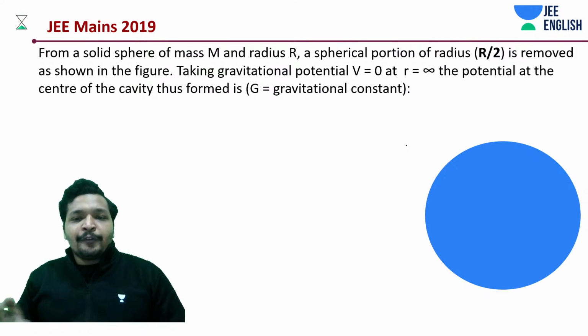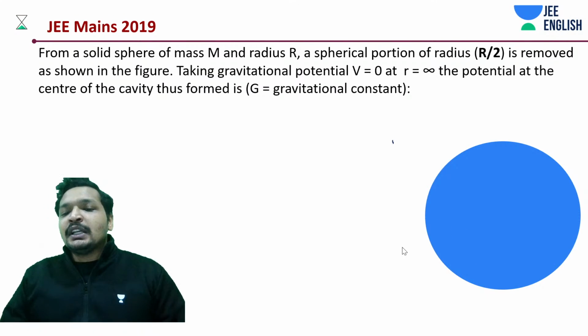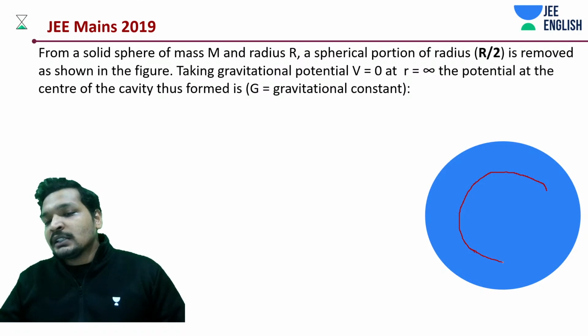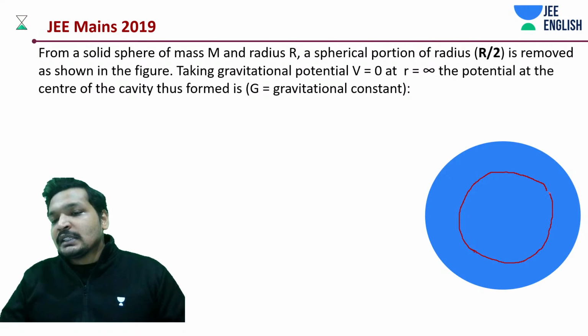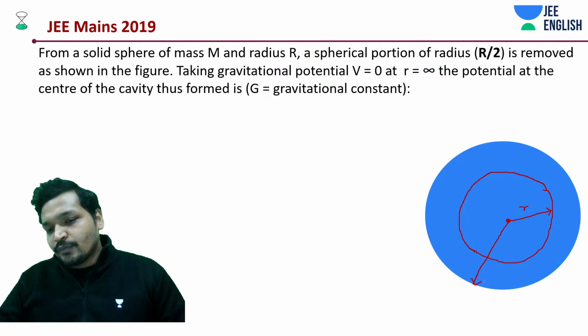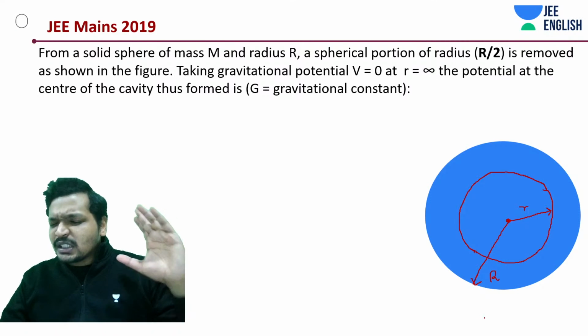I'll get into that. Before that, let me quickly recap how we used to find the potential at any point r inside. There is a difference between field and potential. In field, you are not worried about the mass that is outside, right? But let's say I have to find the potential at a point r which is less than the radius of the sphere. This is where we'll be starting the problem. Don't worry about it, just focus.